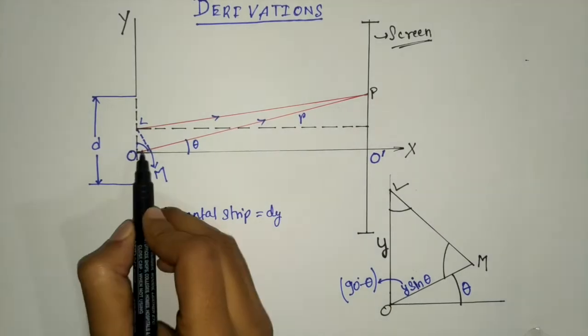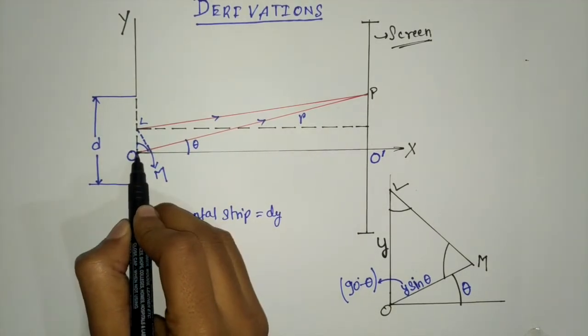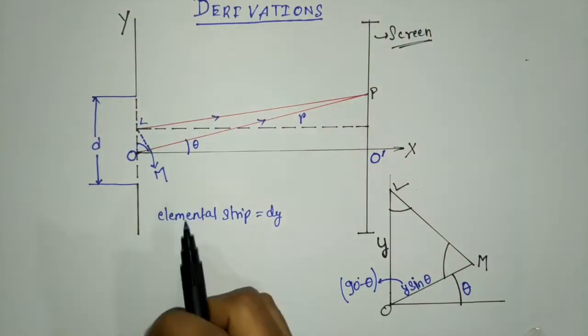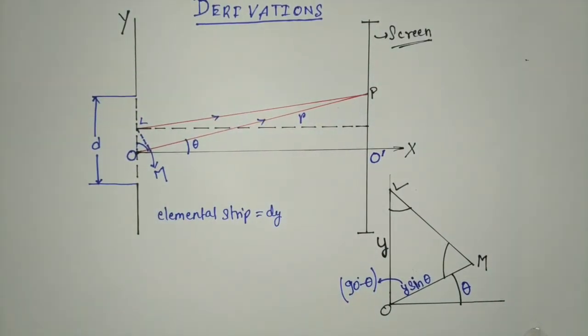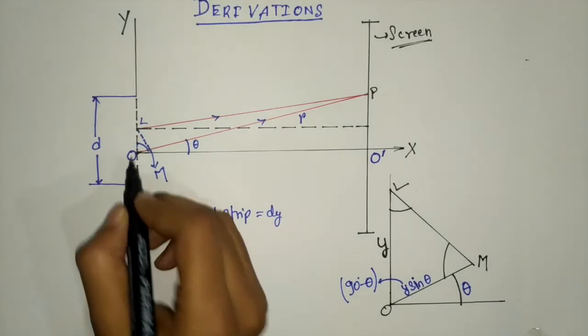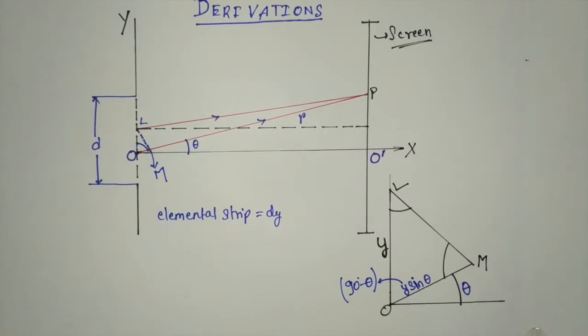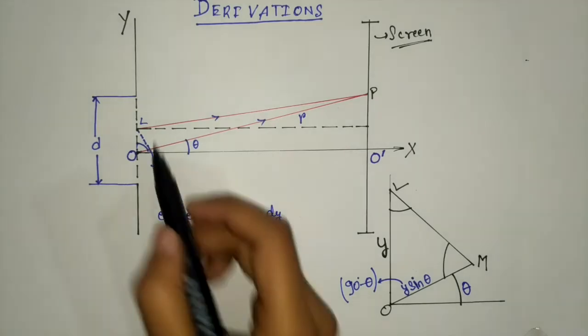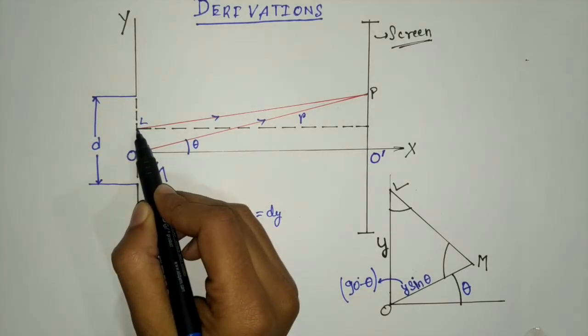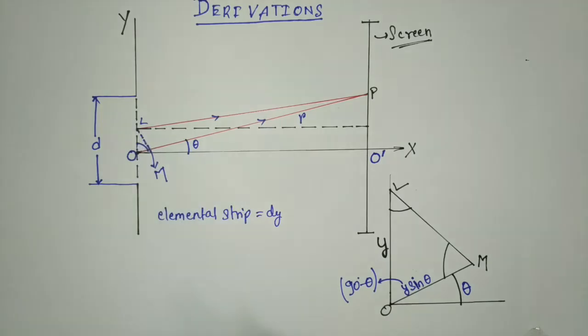Taking the center of the slit as O, let this be O as the origin of the coordinate system. So we have taken O here as the reference point, and we consider a small element dy at length L of the wavefront.